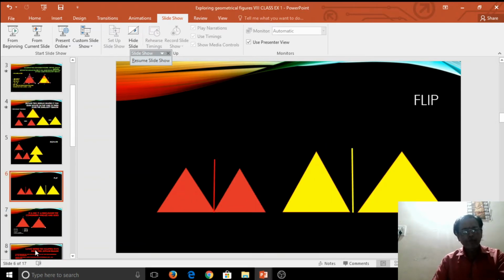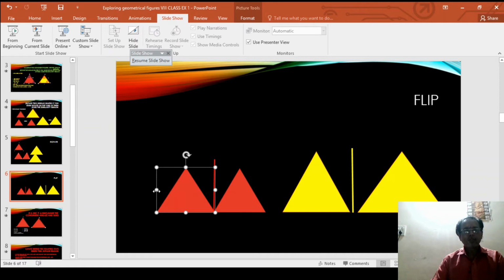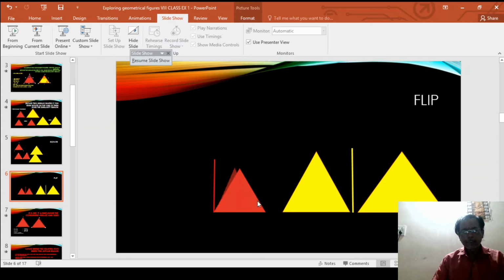flip. So if we flip like this, does it change the similarity? No. Okay, that means these are mirror images. So here this red line is treated as a mirror. Then once again here, if you flip like this, does it change its similarity?